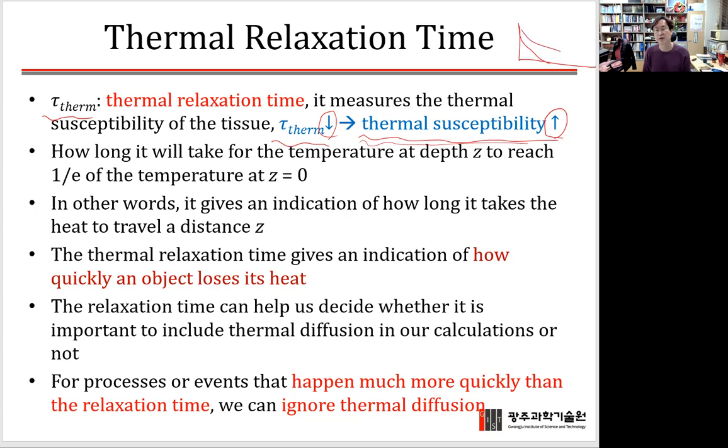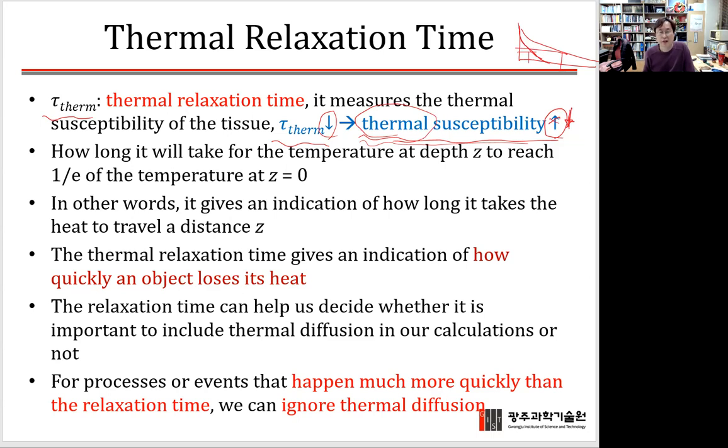When this is very long, actually, this is reversed. So when the tau term is very short, the thermal susceptibility is low because it will have a minimum of tissue damage. When the tau term is long, the tissue will have more damage due to the heat generation by the laser.